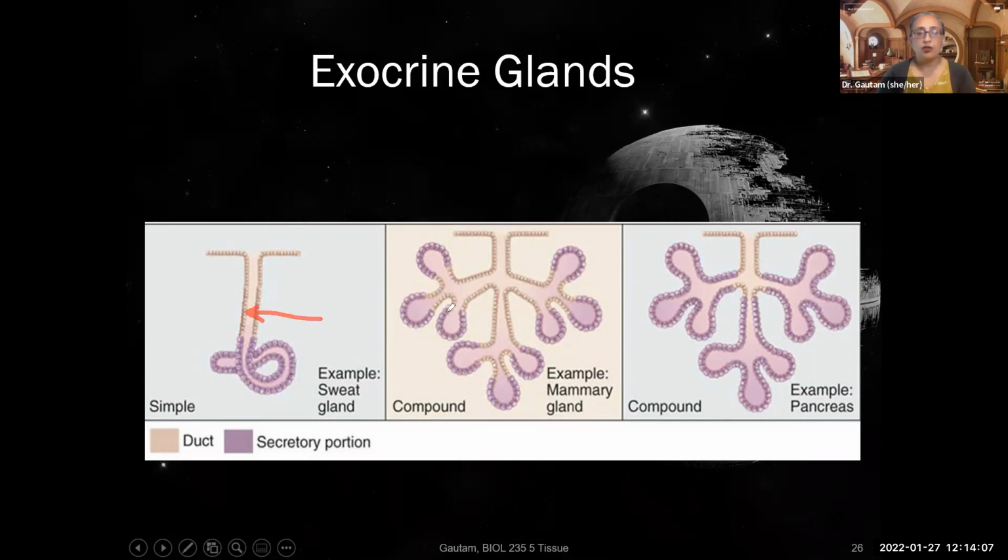And in this case, there are several units with their own little off ramps that are then going to connect to one major duct. So that's simple, one major duct. Compound, several secretory units with their specific ducts that connect to one major duct.